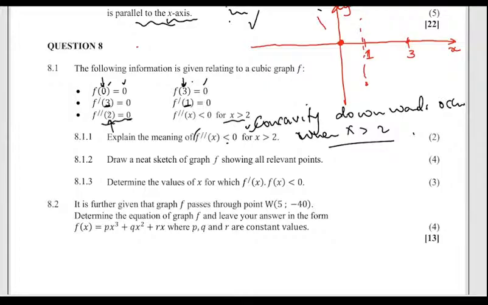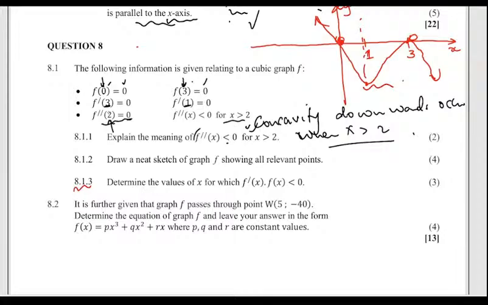So my sketch would be something like that. Let me know how your graph was looking. So we need the intercepts, we need the turning points.